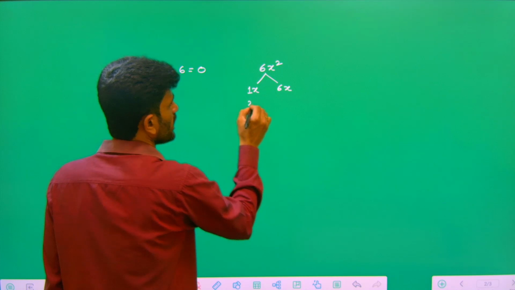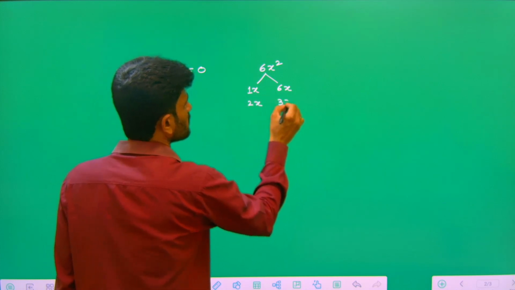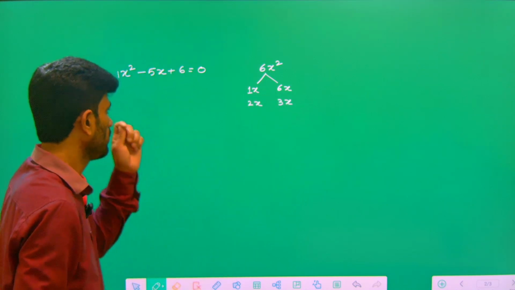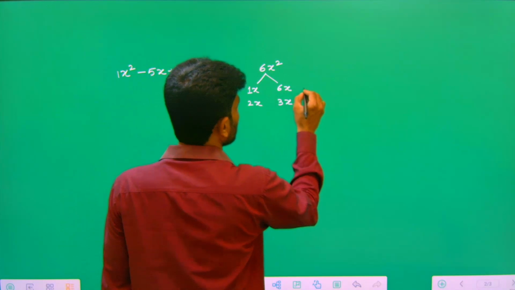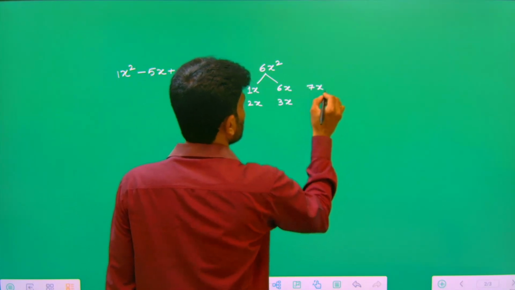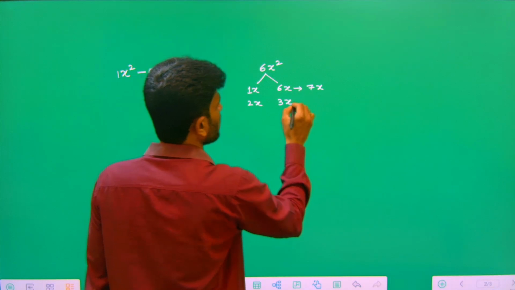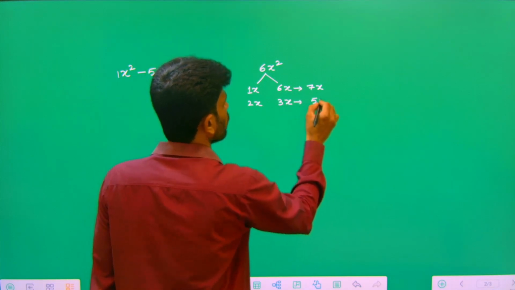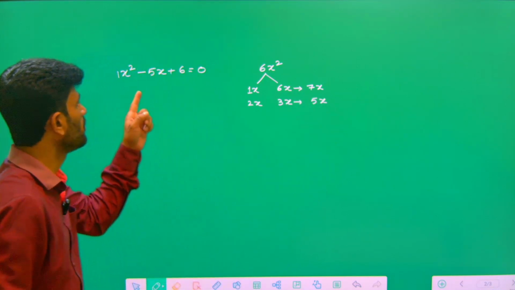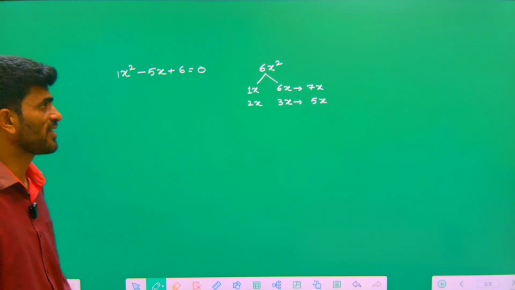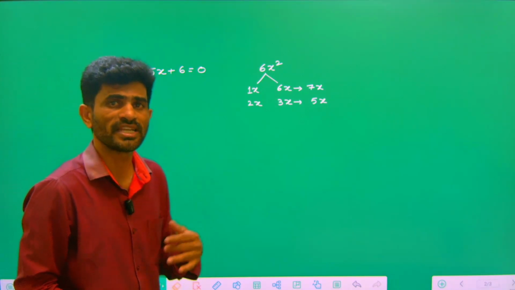Again, 2x, 3x. But observe here, if you take the first pair, we get 7x by addition, and the second one is giving 5x. So we do not get minus 5x, we are getting plus 5x, but we need minus 5x.